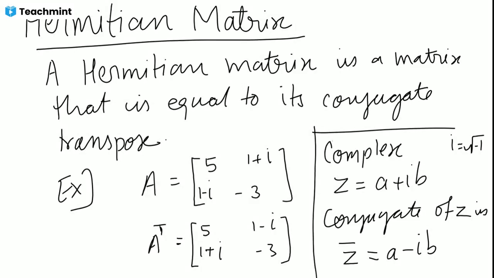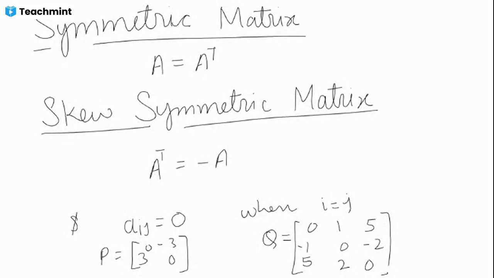Similarly, for skew, we just take a negative sign of that. Similarly to the skew symmetric matrix: in a symmetric matrix we have transpose equal to the matrix itself, and for skew we take its negative, right?